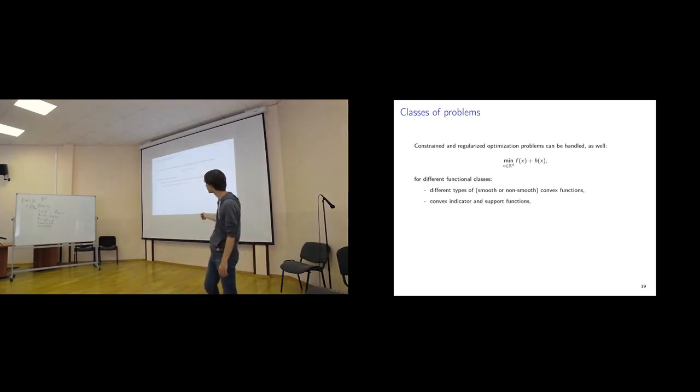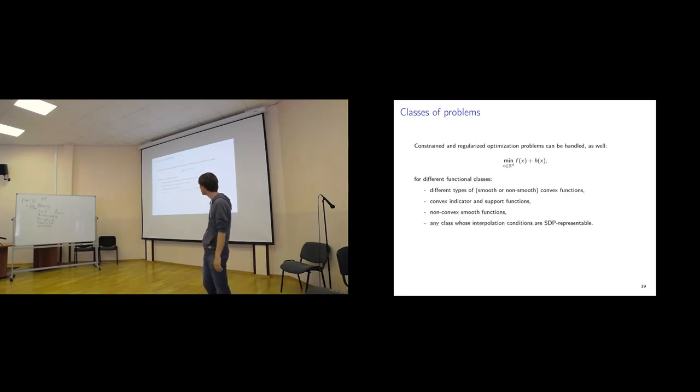Okay, you can also encode indicator functions, which are used for encoding constraints, and support functions. It also works for smooth non-convex functions. And essentially, it works as long as you can put the inequalities, interpolation inequalities, I would call them, into a semi-definite program. And so, for example, it works also in settings which are not optimization related, for example, in monotone inclusion problems. But I will not go into the details.